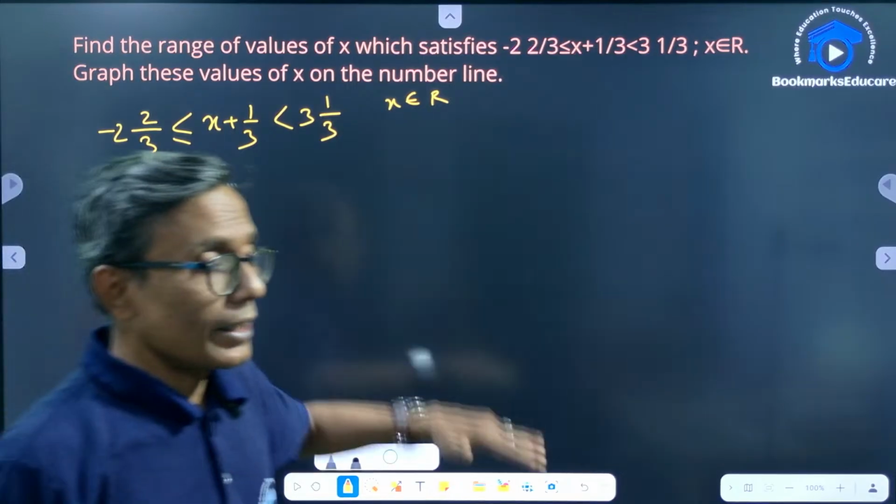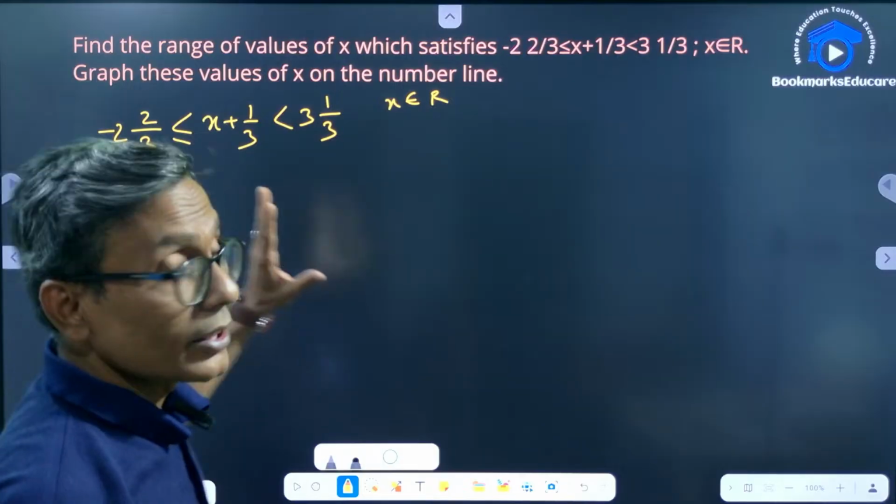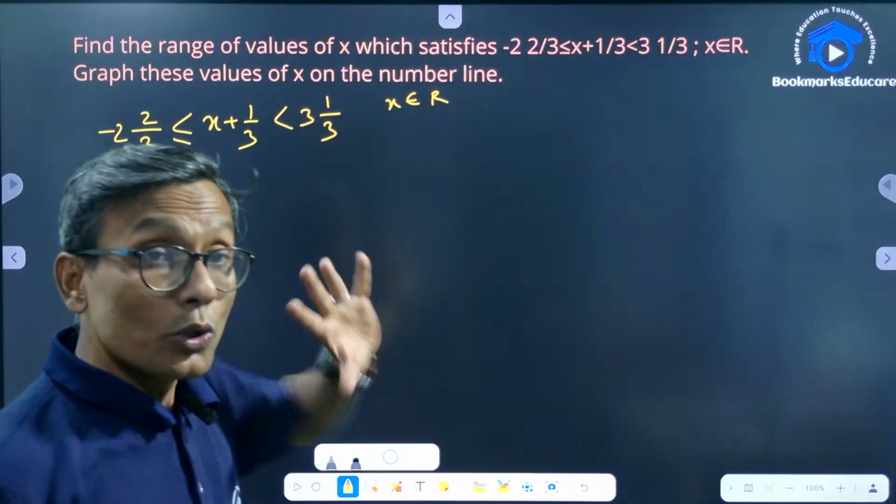So this inequation we divide into two parts.